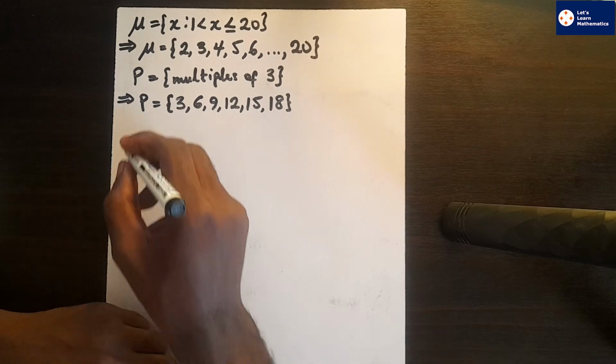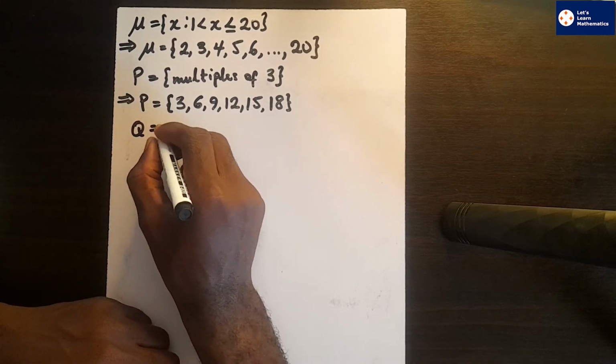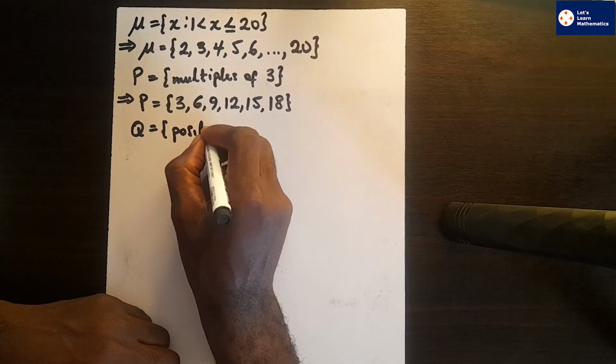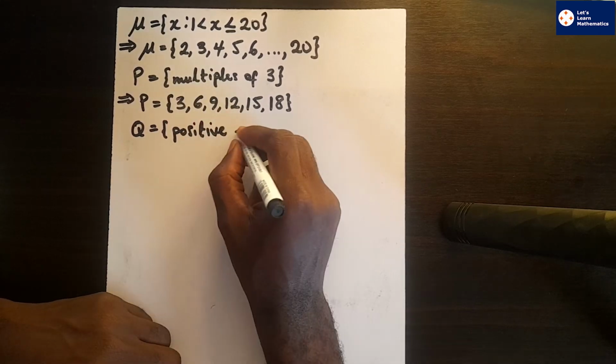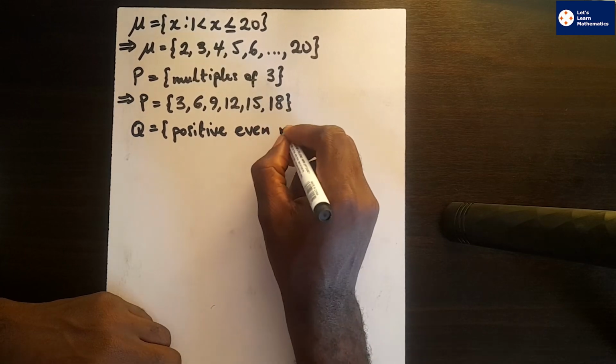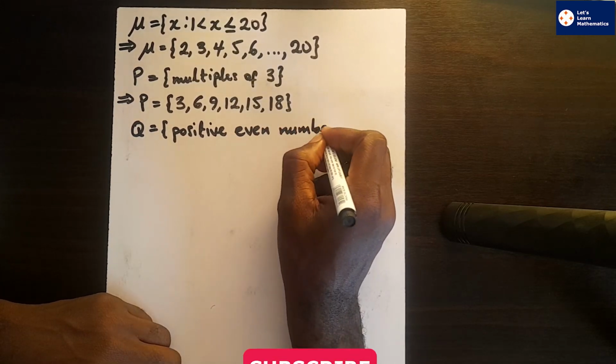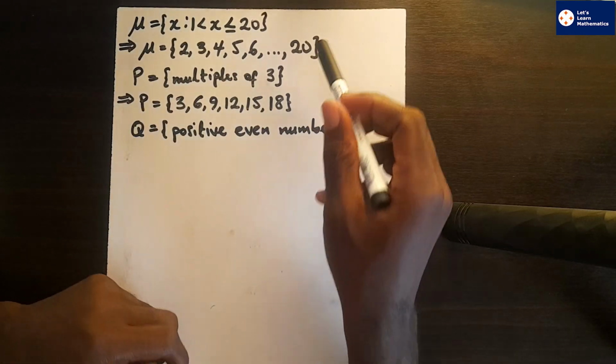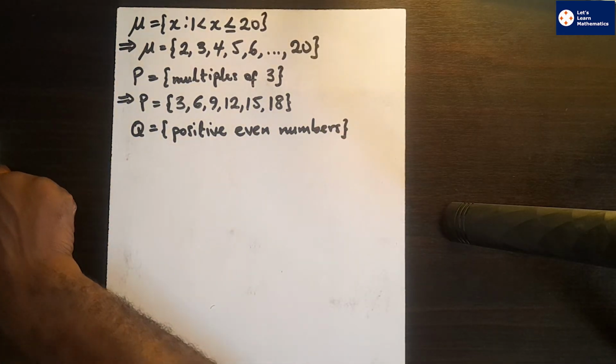Then the next is the set Q. The question said Q is positive even numbers. So the even numbers that are inside the universal set.